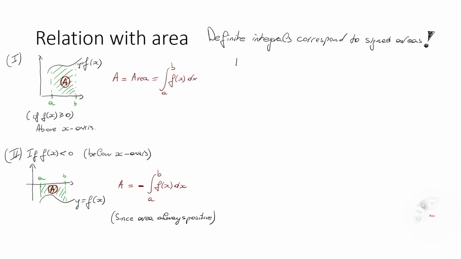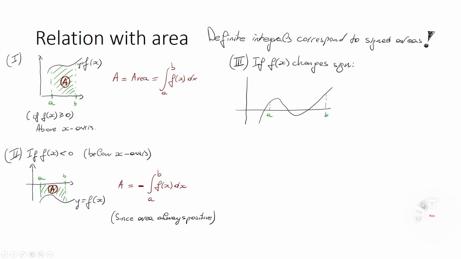And then last, you wonder what happens if f of x changes sign. So let's say we have a function that crosses the x-axis a couple of times. And now let's say we have our a here and our b here, and we want to compute the area between the graph of the function and the x-axis.